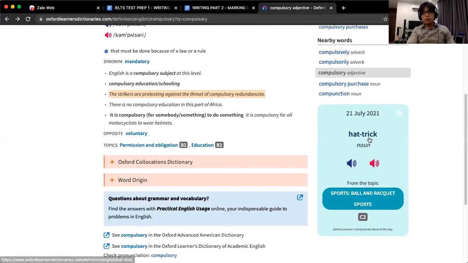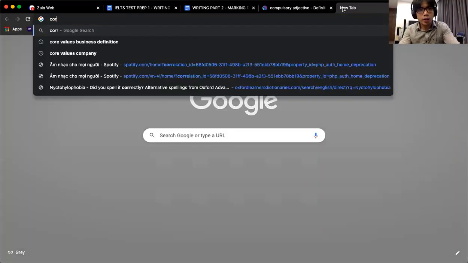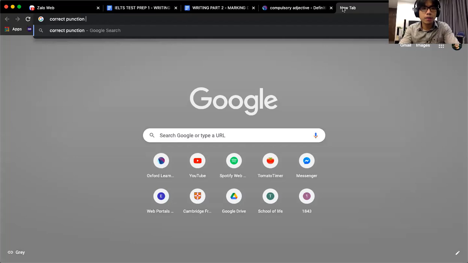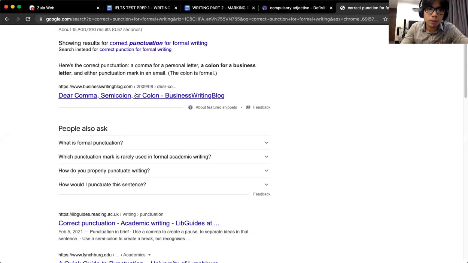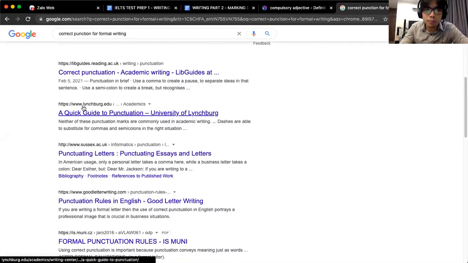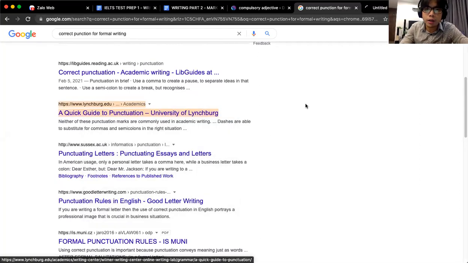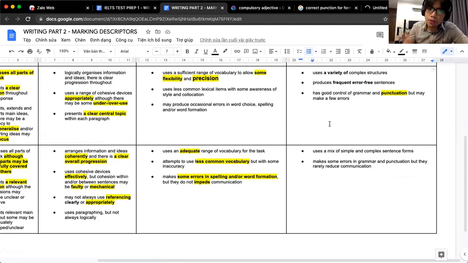But this can be solved by simply doing some Googling, like typing something like correct punctuation for formal writing. That's all you need. There's a bunch of them: comma, semicolon, colon. Or I love websites by universities. They usually have superb guidance on writing. So basically, Google is your best teacher, not me.